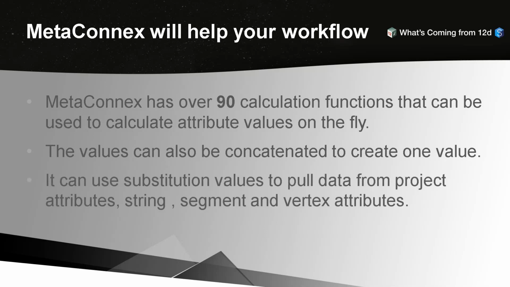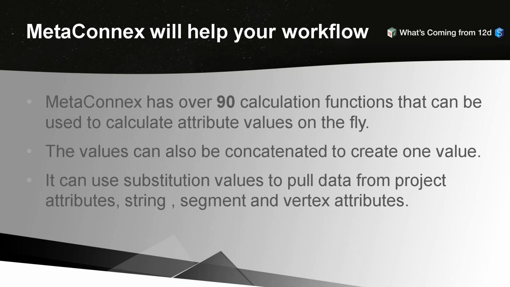It can use substitution values to pull data from project attributes, strings, segment, and vertex attributes. So you might set some project attributes that are standard for the project, and then in your file it will be able to grab that information from the project attribute and use those in the calculations.